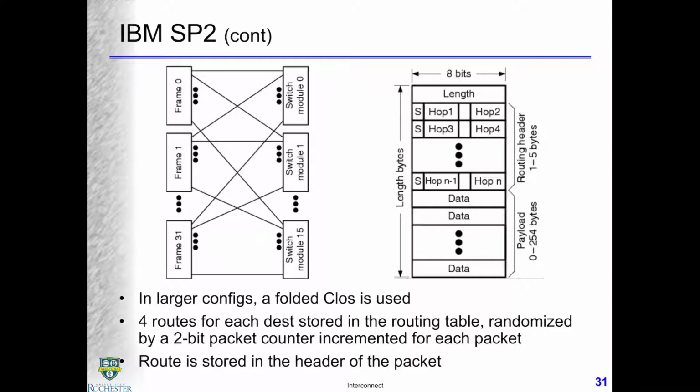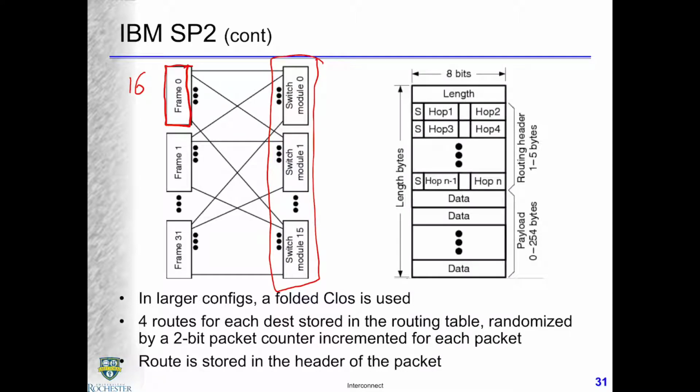So if you have more frames, then they would use a fat tree or folded Clos. So here's what happens. You would buy specialized switch modules. So this may all be housed in one frame. That's fine. These will be your regular frames. Each one of them contains 16 machines.